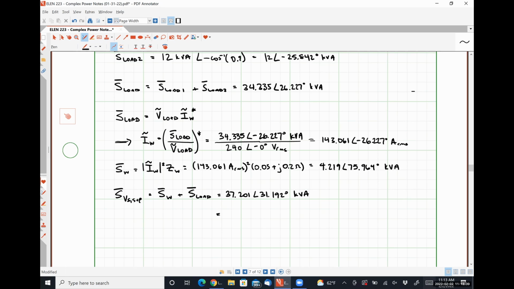And since I need P old, I'm going to express this in rectangular coordinates, because that's going to give me the quantity P old that I need. So this would be 31.823 plus j19.267 kilovolt amperes, where this guy, measured in watts, is the quantity P old that we were trying to find.